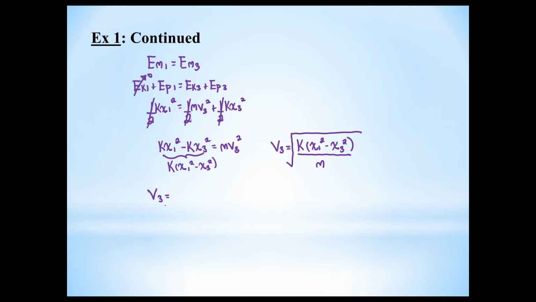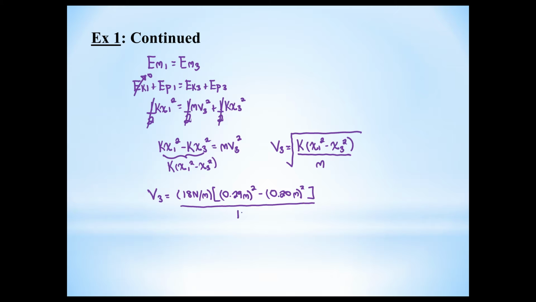Plug the numbers in. So this is going to be the spring constant, which is 18 newtons per meter. Multiply by x1, which is 0.29 meters squared. Subtract x3, which is 0.20 meters squared. Divide all by the mass.